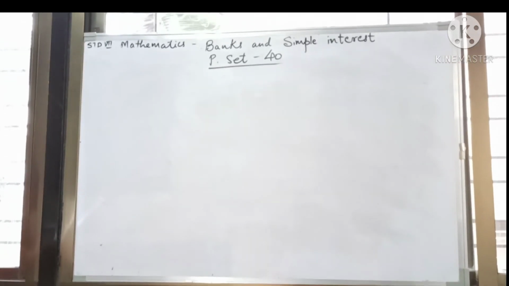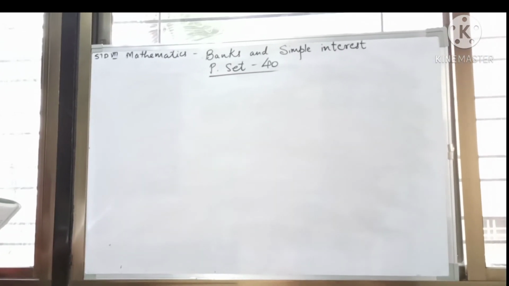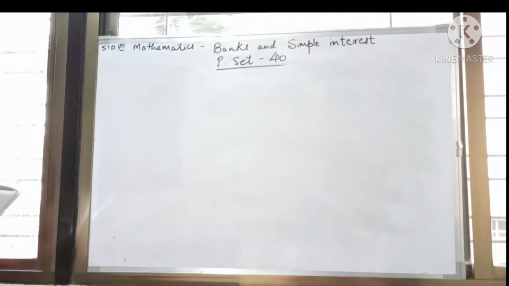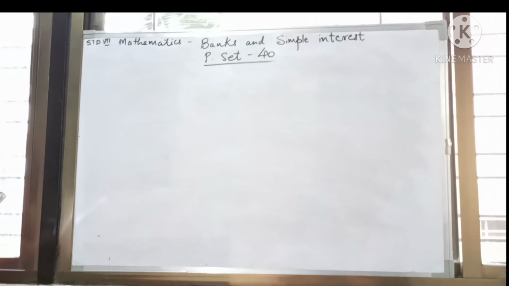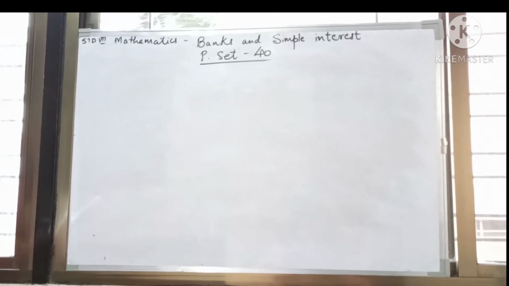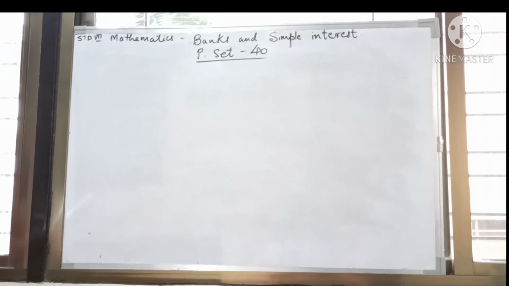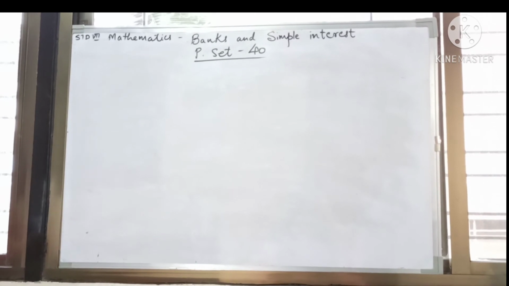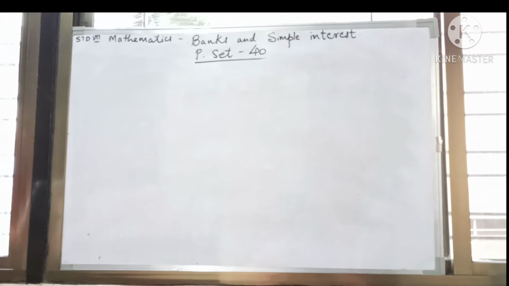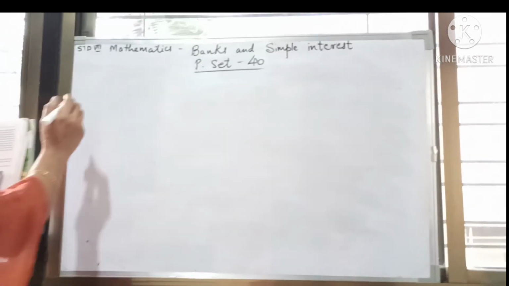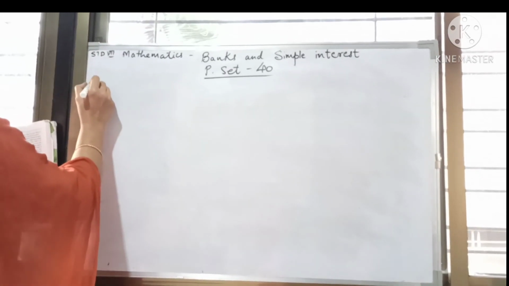Fifth sum. If Pankaj deposits 1,50,000 in a bank at 10% rate for 2 years, what is the total amount he will get from the bank? So here we have to find out first simple interest, and then from simple interest we will find out the amount. So what is given to you that we will write down.